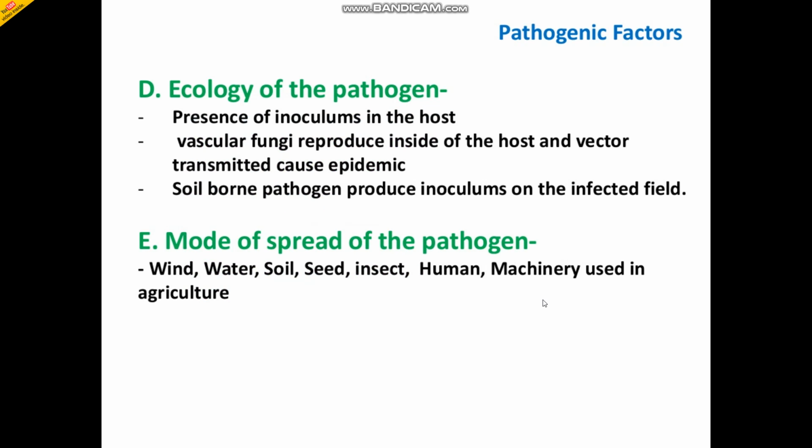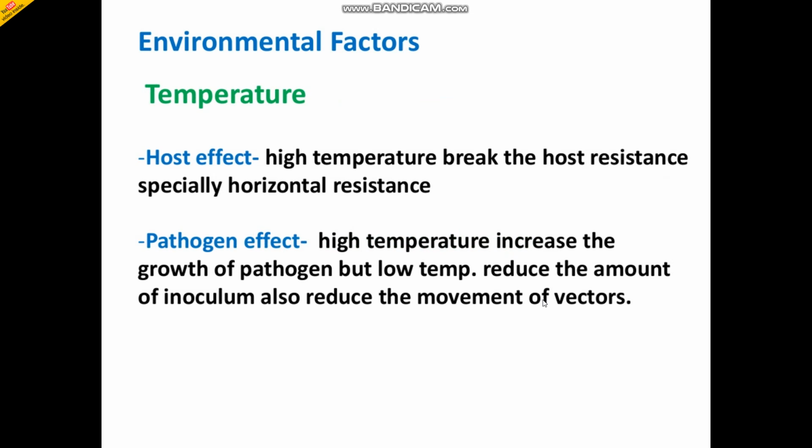Now, the ecology of the pathogen. Regarding the presence of inoculum in the host, vascular fungi reproduce inside the host, and vector-transmitted pathogens cause epidemics. Soil-borne pathogens produce inoculum in the infected field. The mode of spread of the pathogen includes wind, water, soil, seed, insects, humans, and machinery used in agriculture.